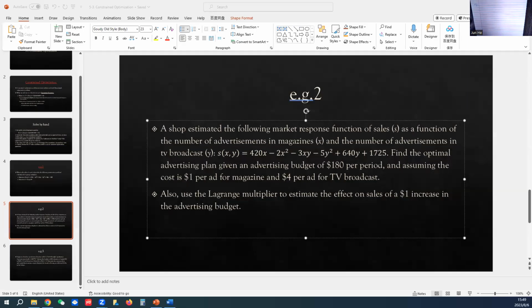This is example 2 on page 5 of slides 5-3. This is more of an application question of constraint optimization.